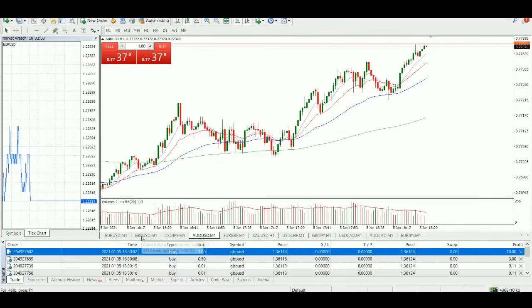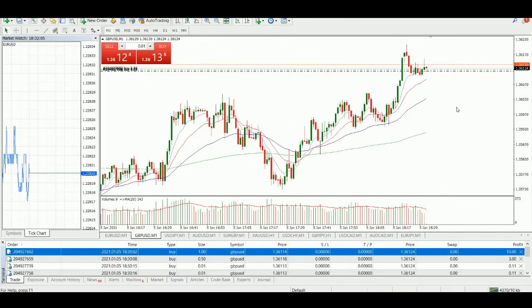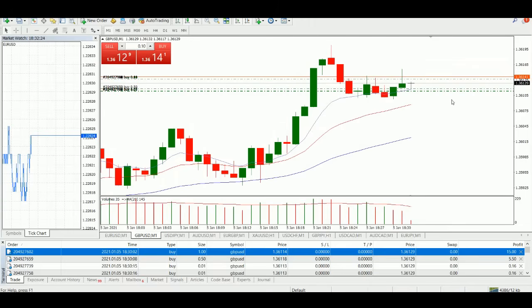But why did I decide to enter on GBP dollar? Because it was on a retracement level. GBP dollar is on a retracement mode, and that's why I bought the GBP dollar. It was a great buying opportunity. It was retracing. It was not up. I bought GBP dollar on retracement near the first support area.